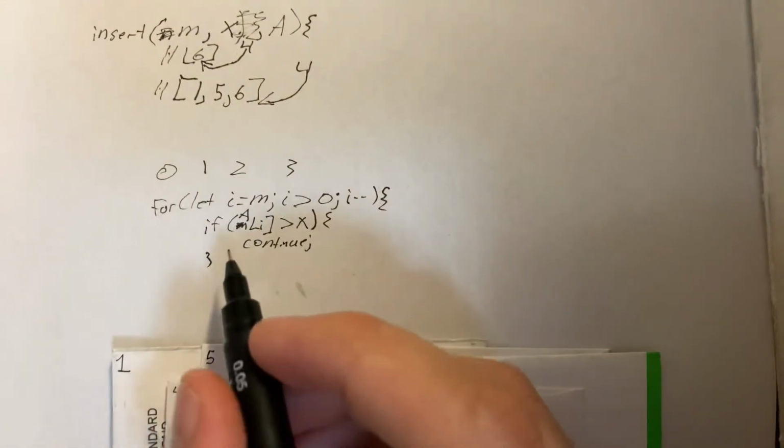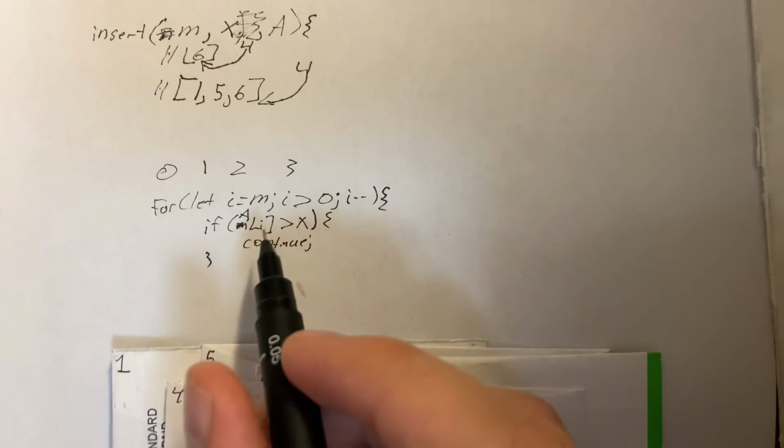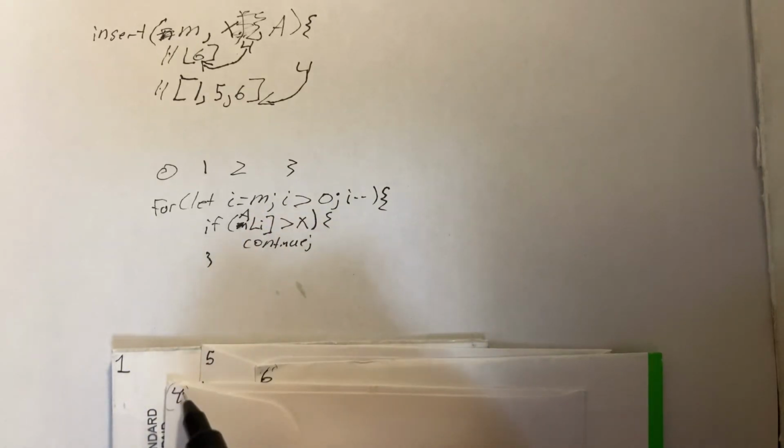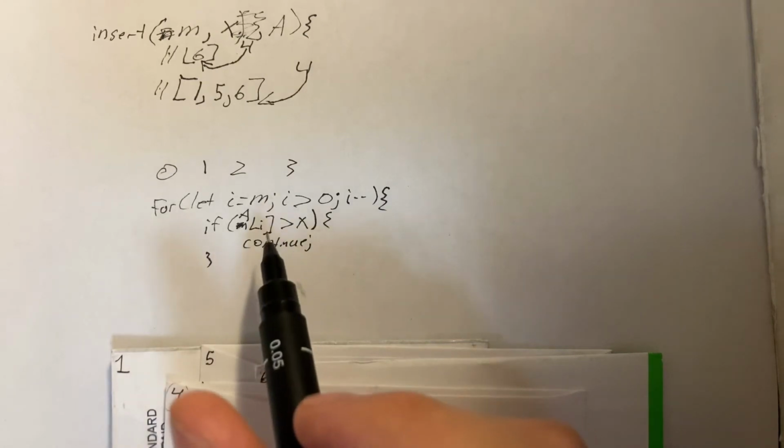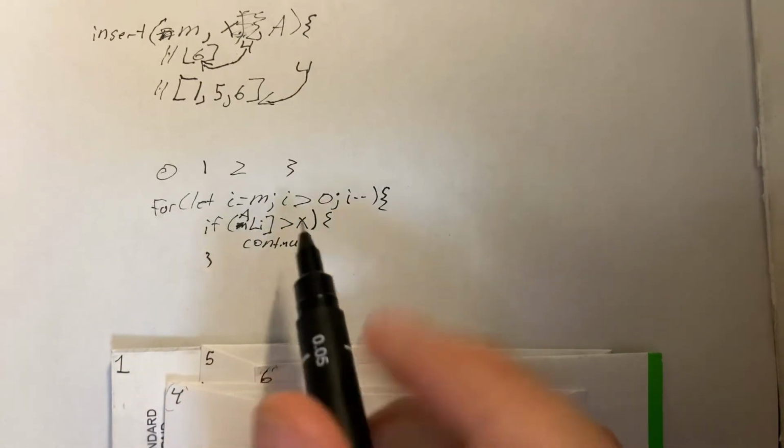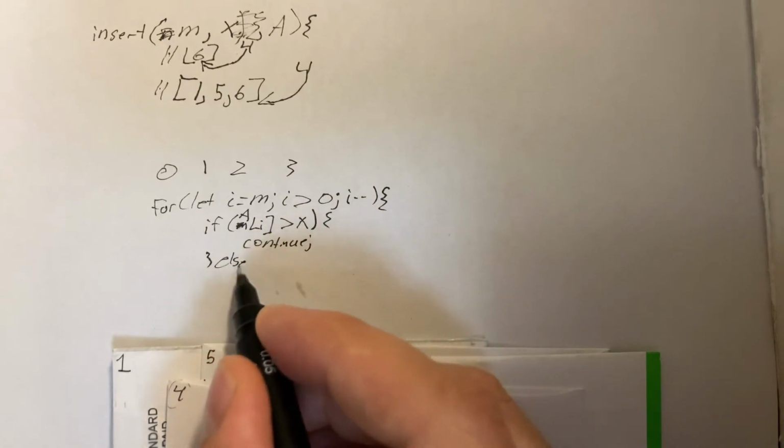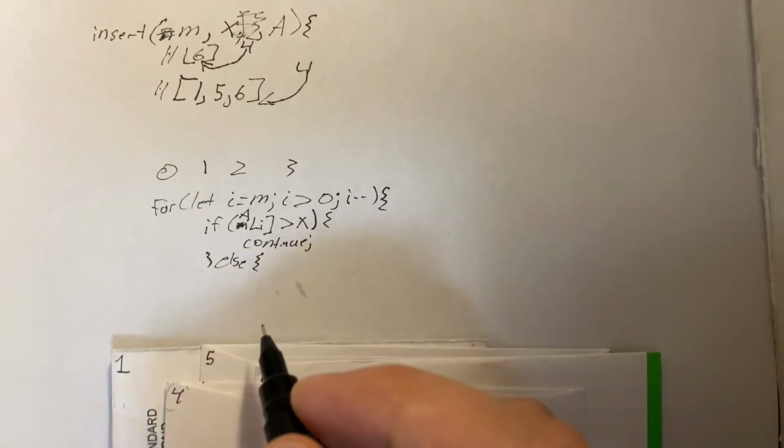So here 4 is greater than 1, meaning A sub I is actually less than or equal to x. So we need to write something for that logic.